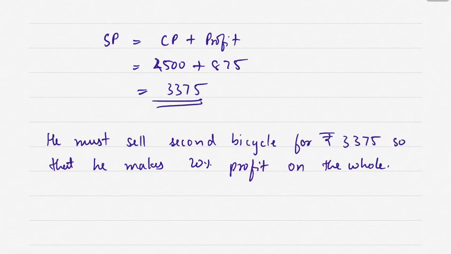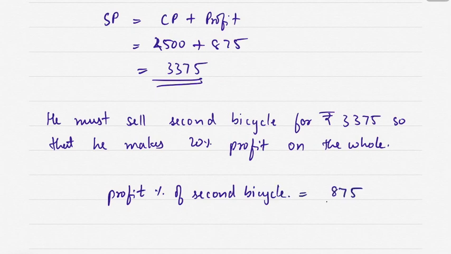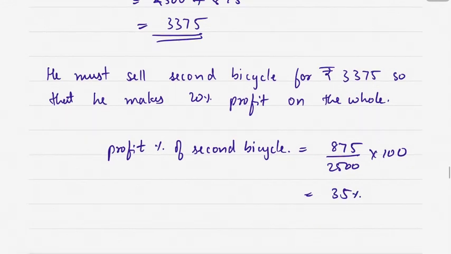So I'll find the profit percent also. Profit percent on second bicycle is equal to 875 upon 2500 into 100, which is 35%. Profit divided by cost price into 100.